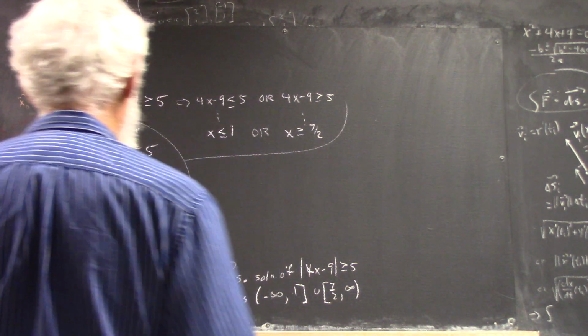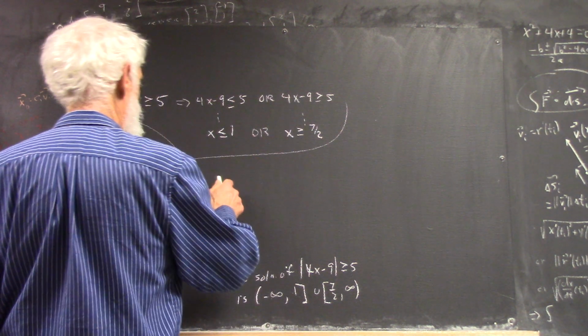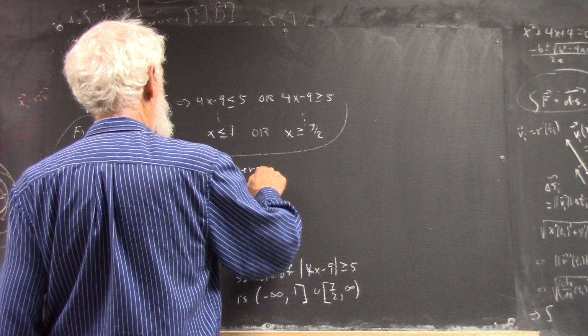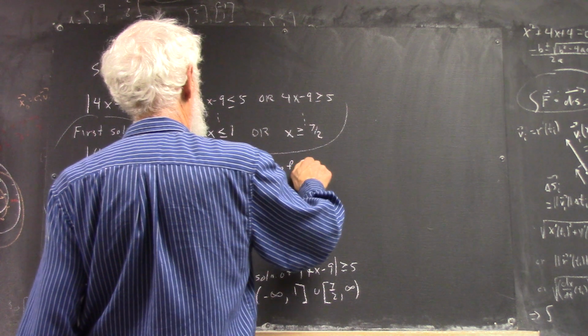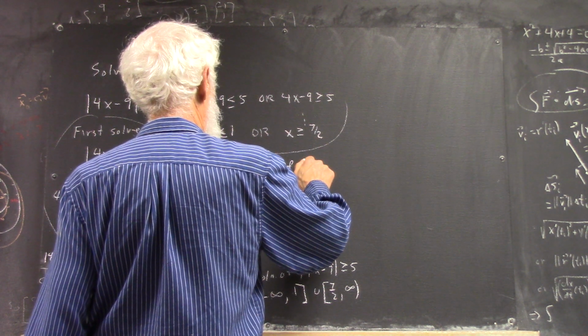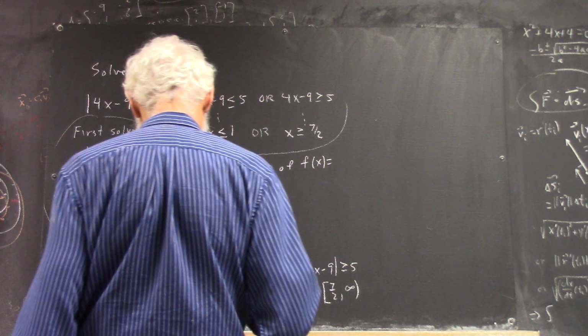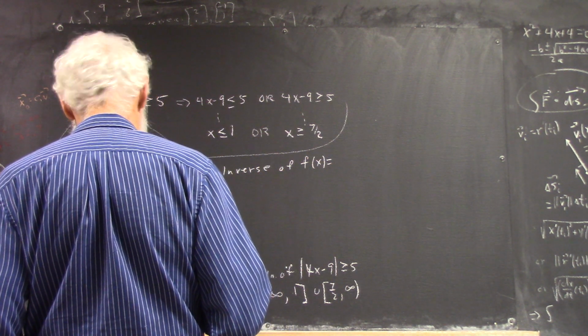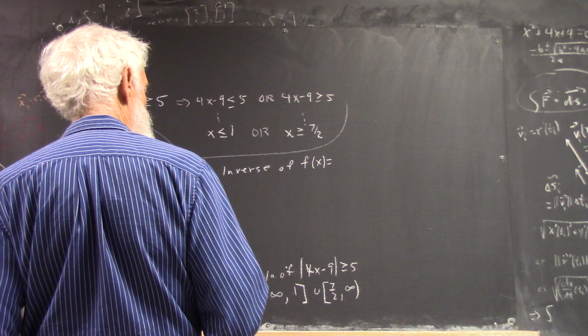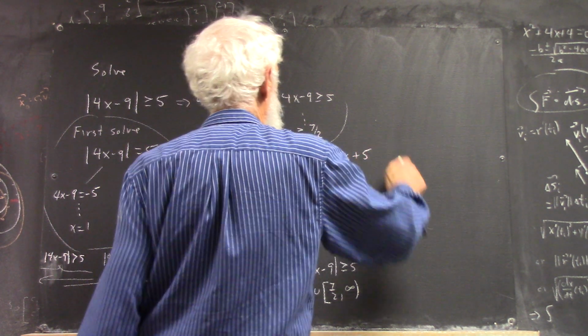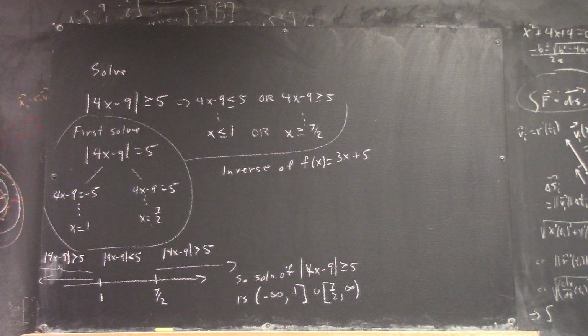I'm going to do an example, then I'm going to do the problem that's stated here. I'm just going to take a simple linear function because it demonstrates the process, okay?